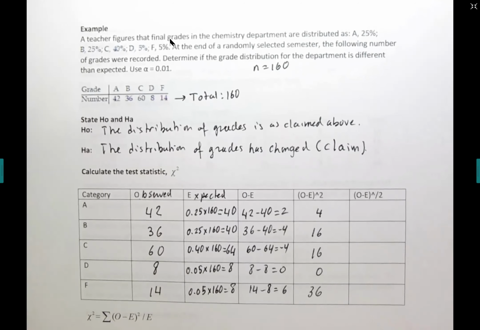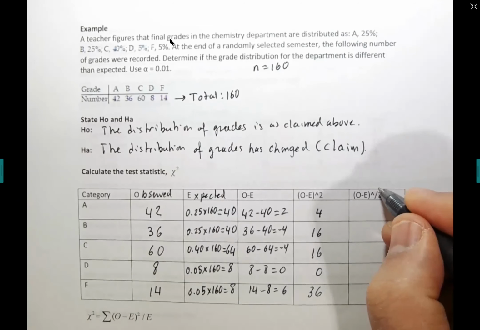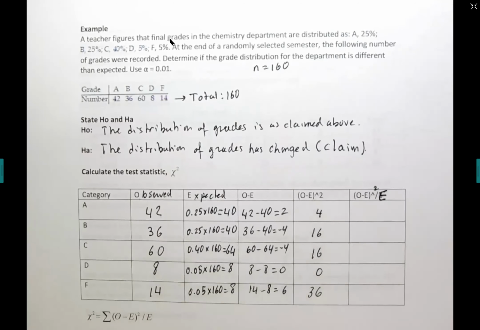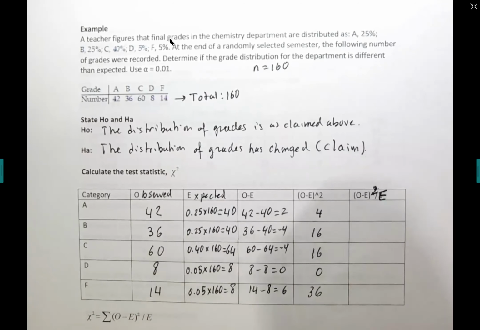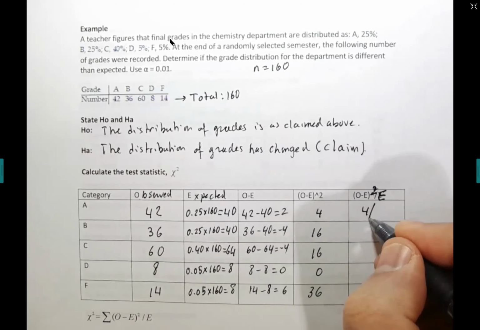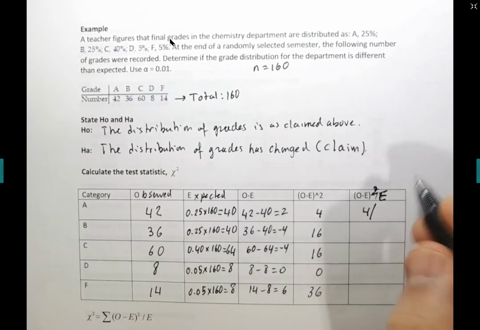Now (O minus E) squared, sorry, let me just fix this one, divided by E. So (O minus E) squared divided by E. So that would be what? 4 divided by E. What was E here? 40.